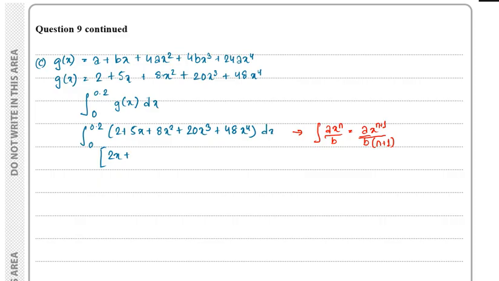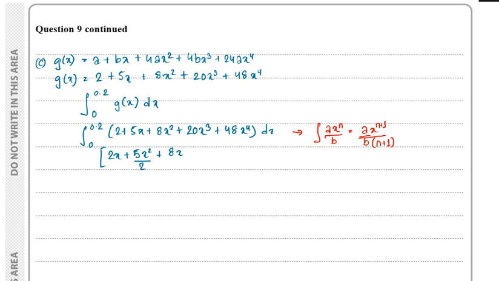So here a by b is actually 5 by 1. So I'll write 5 here. And this is x. Here n is equal to 1. So x to the n plus 1 would be x squared divided by n plus 1. So this will be 2 plus 8x. Here n is equal to 2.